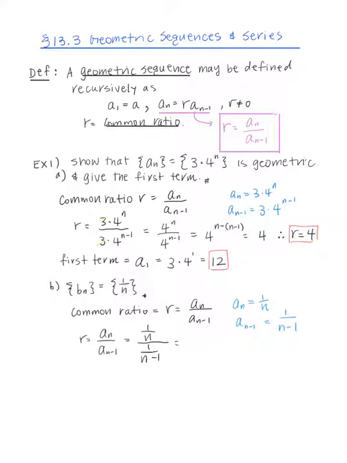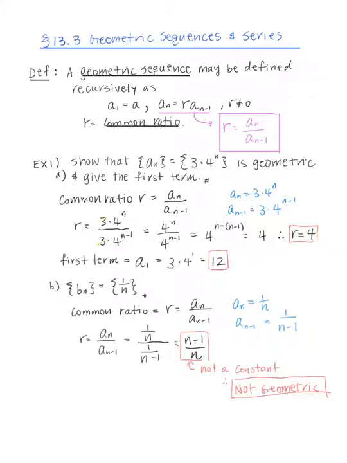This is going to be n minus 1 all over n. Now notice that that expression is not a constant. That should tell you that this sequence is not geometric.